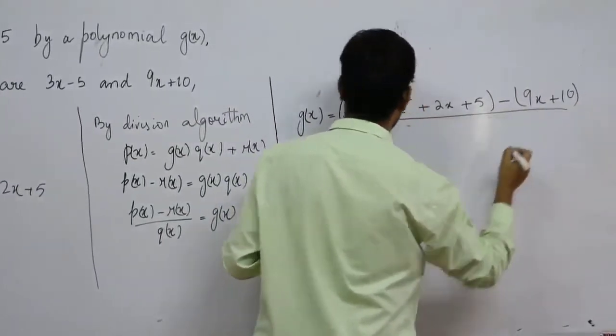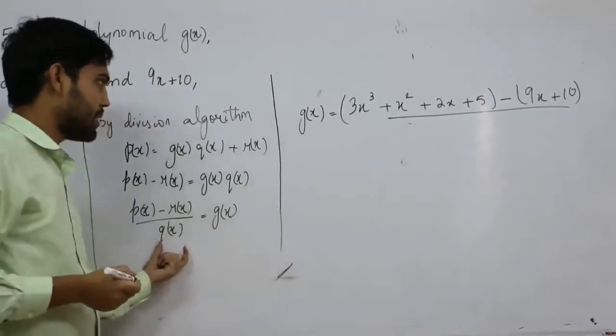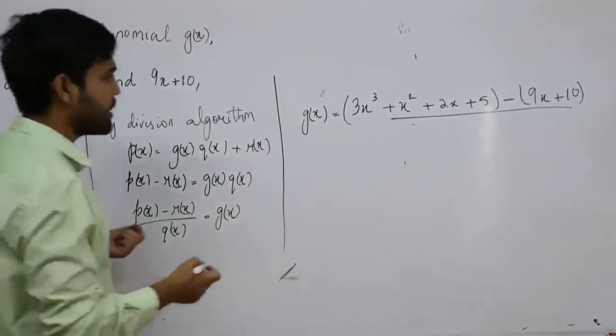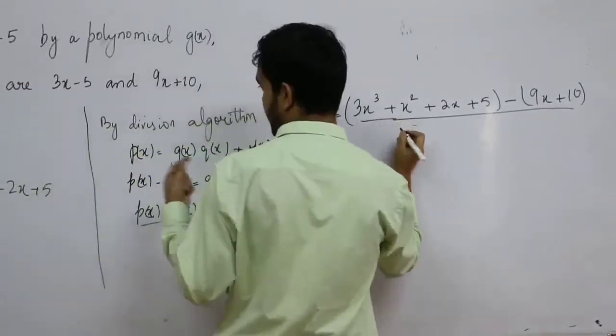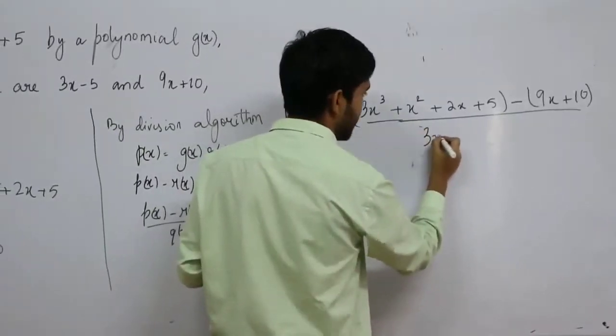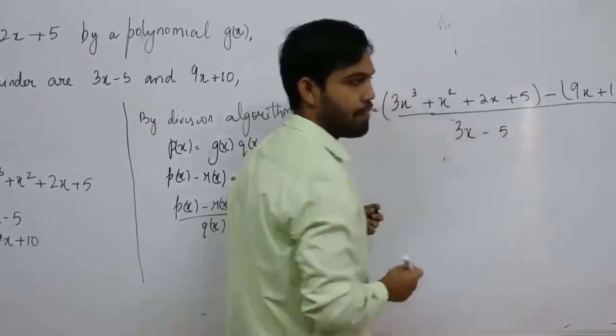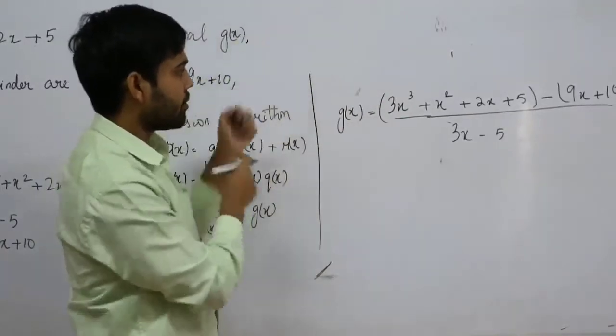by q of x. What is q of x in here? I have 3x minus 5. Okay?